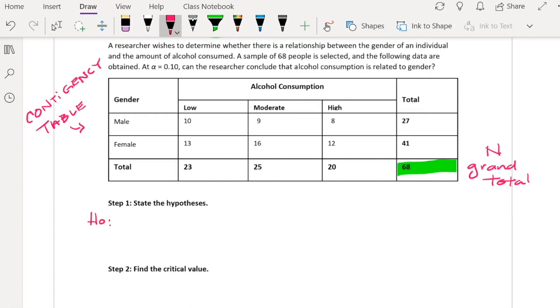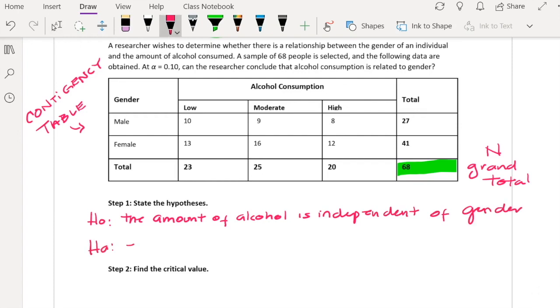Null: the amount of alcohol is independent of gender.